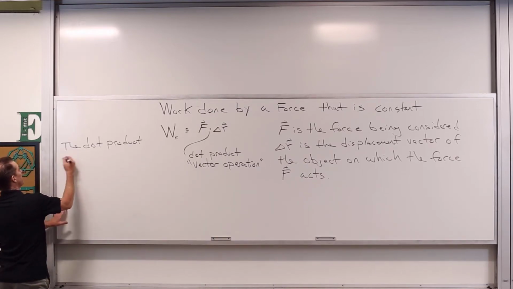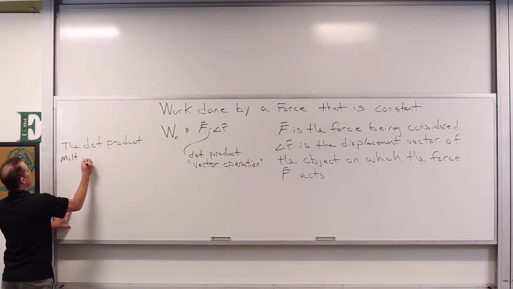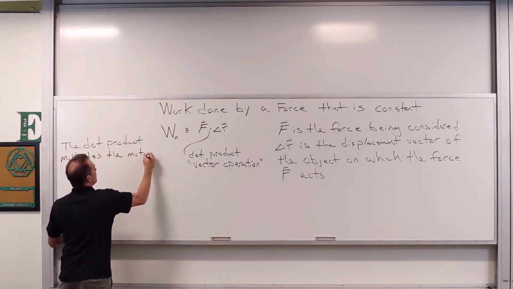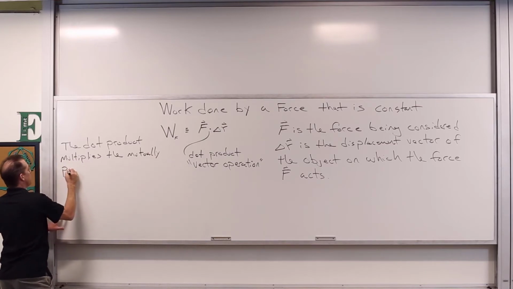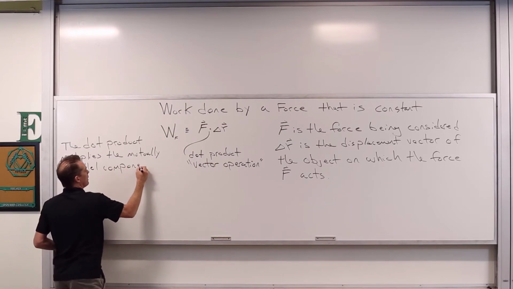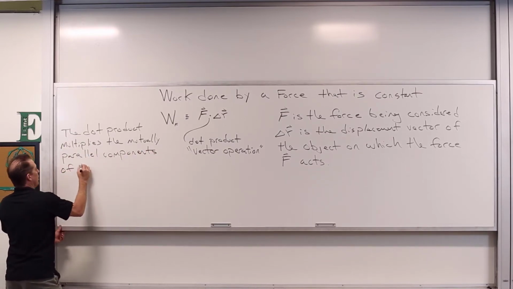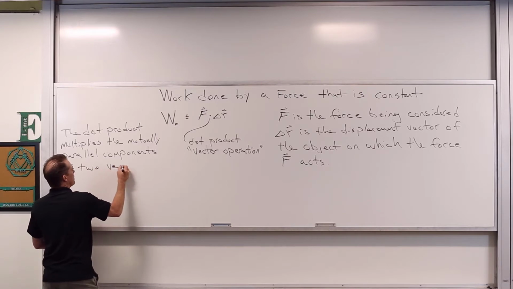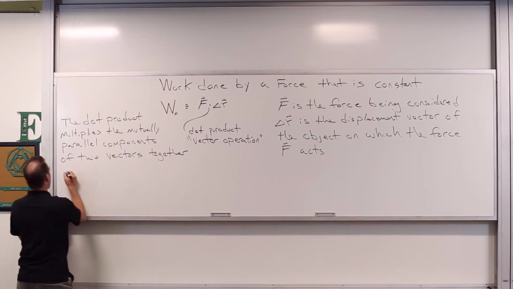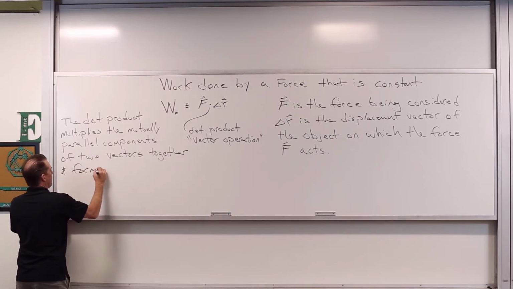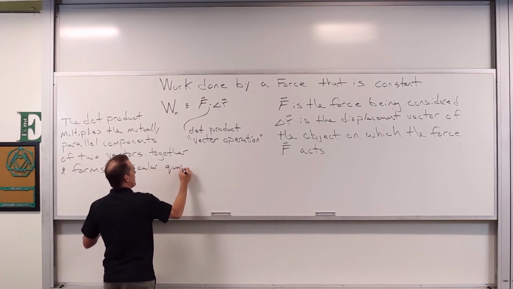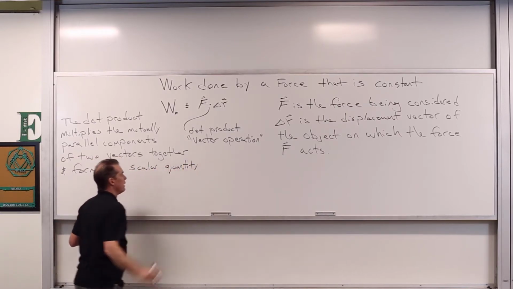So the dot product multiplies the mutually parallel components of two vectors together and forms a scalar quantity.